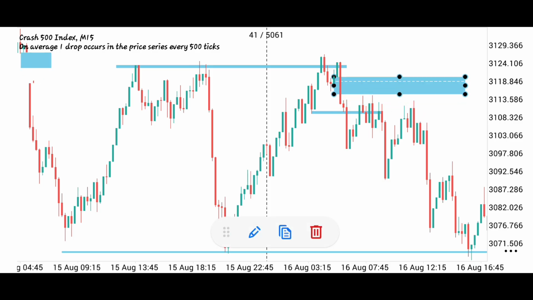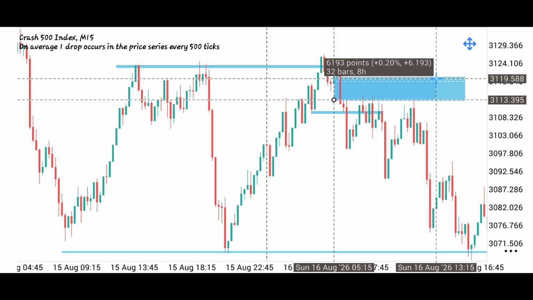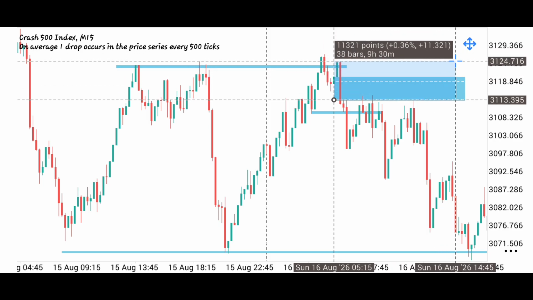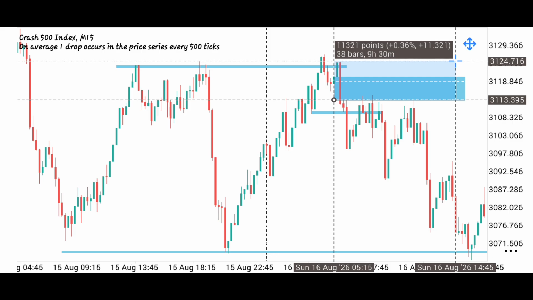That is where our entries will be. Our entries are from the start of the fair value gap. That's where we put our entries here, and our stop loss will be above this candle.